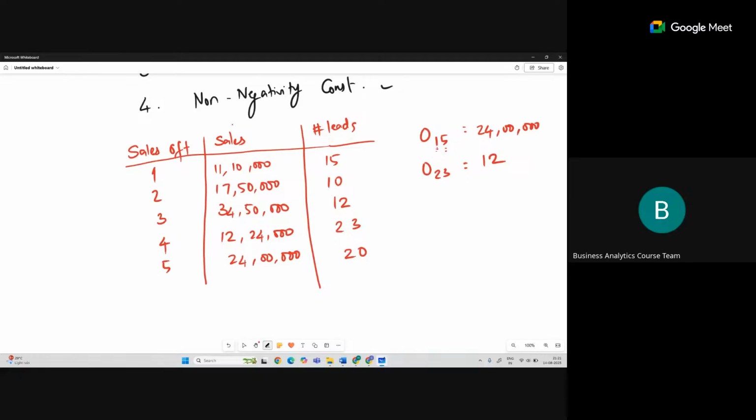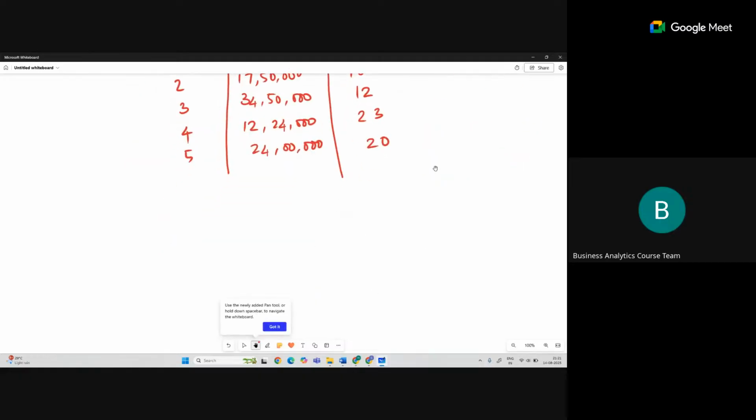First of all, you have to decide whether this is output or input, right? If you have something like sales, number of leads, it is output. Similarly, if you have something like budget and team size, what are these variables? Output or input? Input. So this is input 1. This is input 2. Let's also do that.